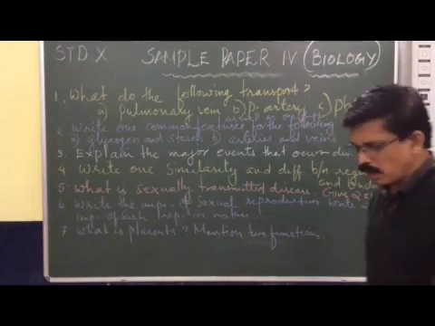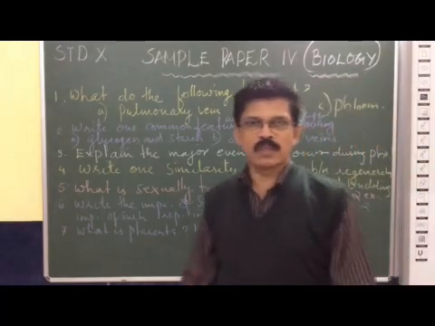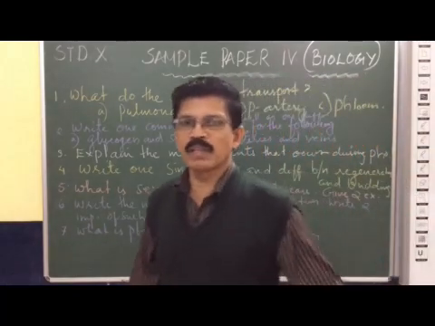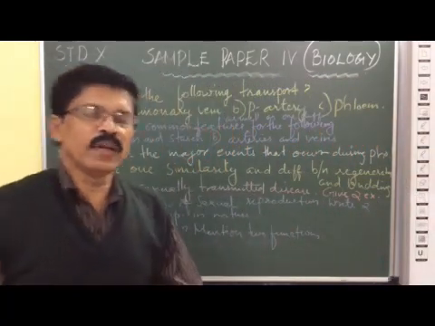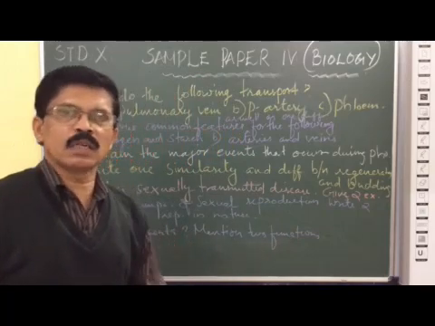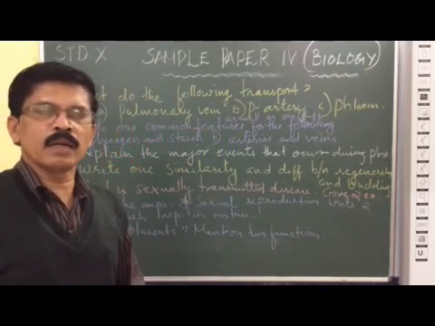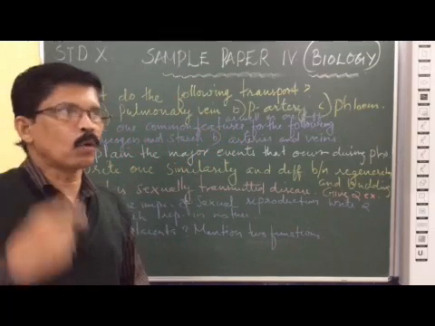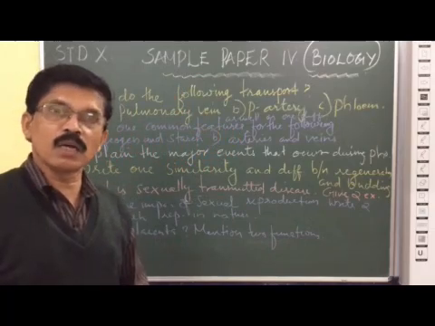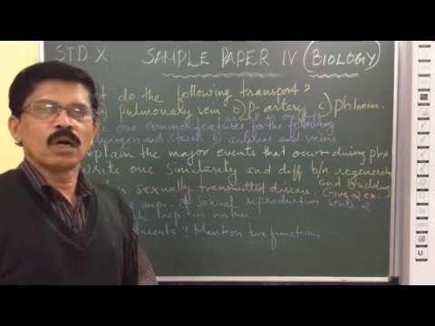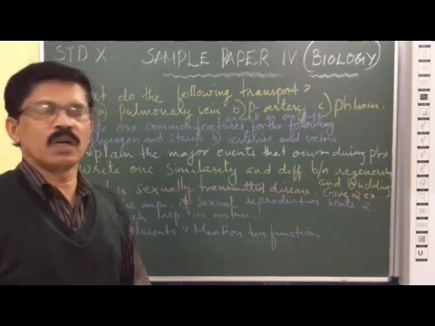Everybody knows pulmonary artery, pulmonary vein first. Pulmonary vein is the only vein that carries oxygenated blood. Pulmonary vein carries oxygenated, purified blood from the lungs to the left atrium of the heart.